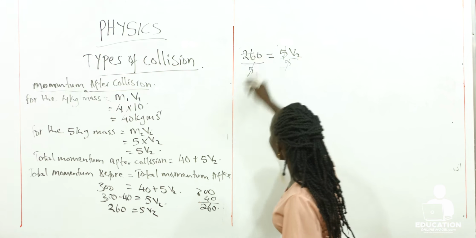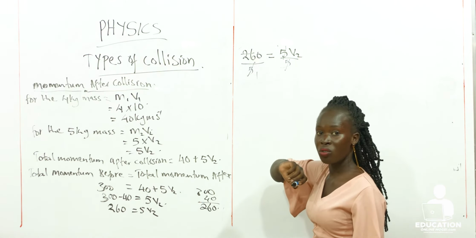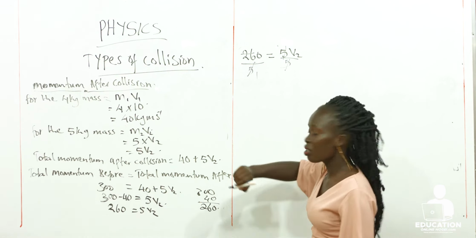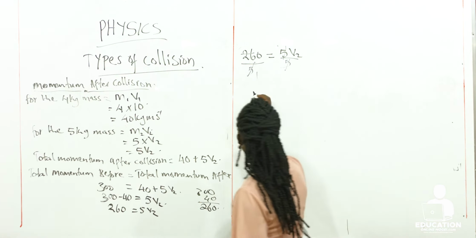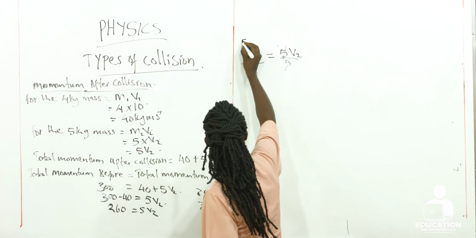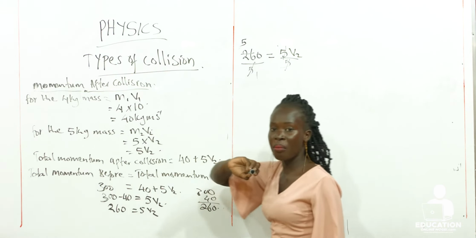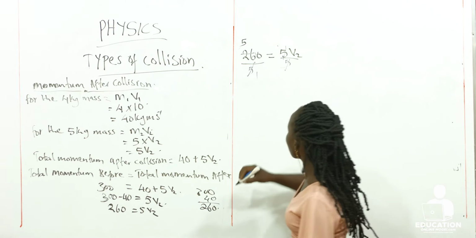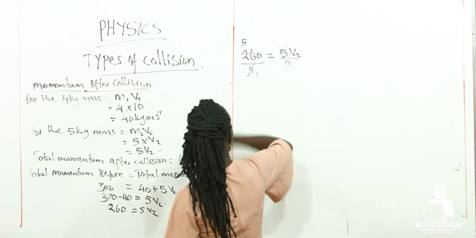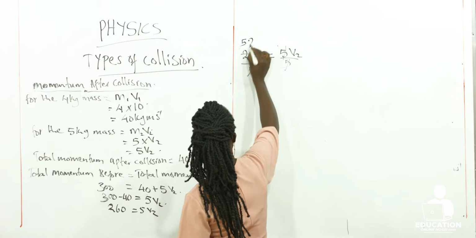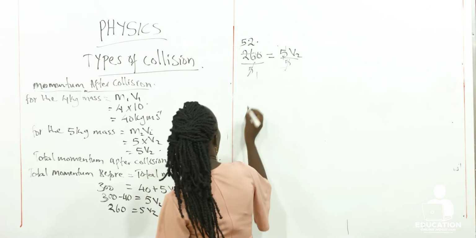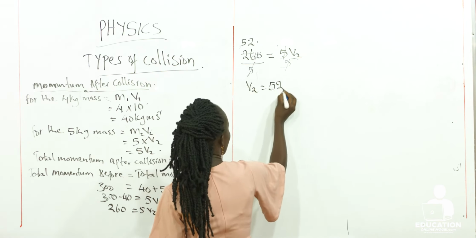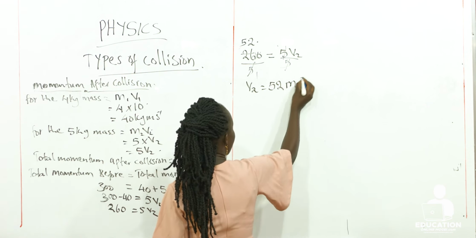How many times does 5 go into 26? You see that 5 goes into 26 5 times. Does it have a remainder? Yes, a remainder of 1. So how many times does 5 go into 10? It goes 2 times. So we shall have our V2 equaling 52 meters per second.